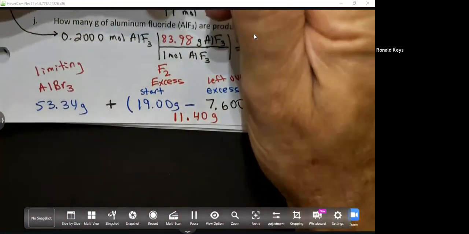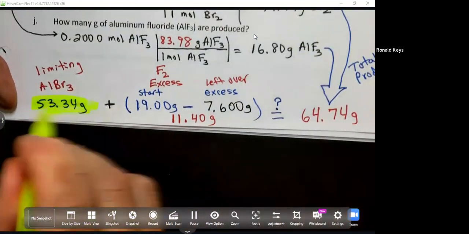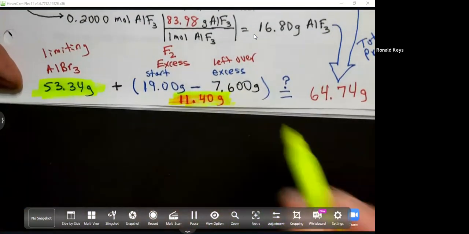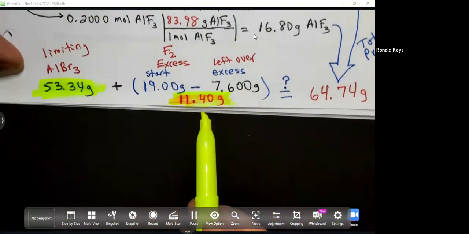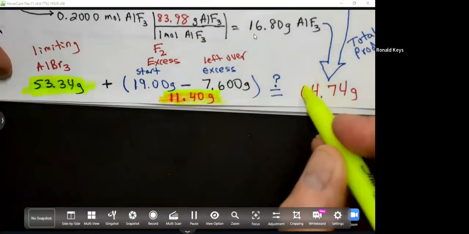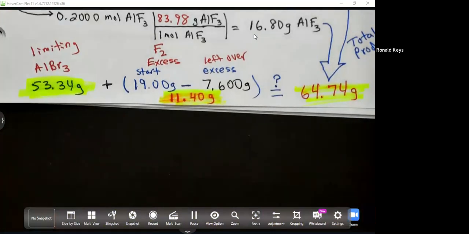And then does the 53.34 grams plus the 11.40 grams, that is 64.74. Heck yeah, right?